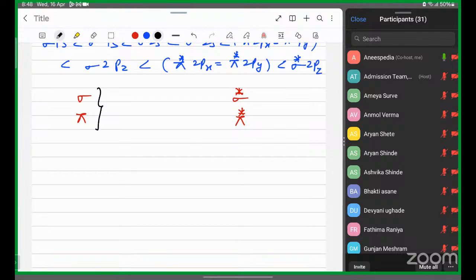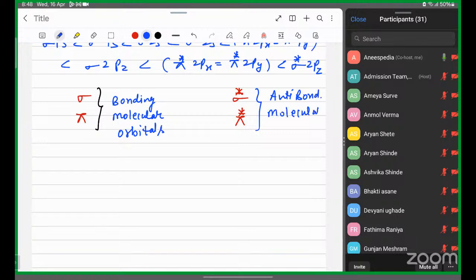Orbitals without a star, sigma and pi, are known as bonding molecular orbitals. And orbitals with a star are known as antibonding molecular orbitals.